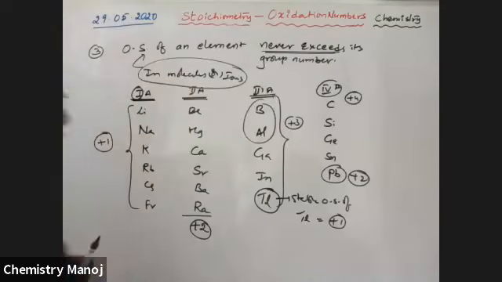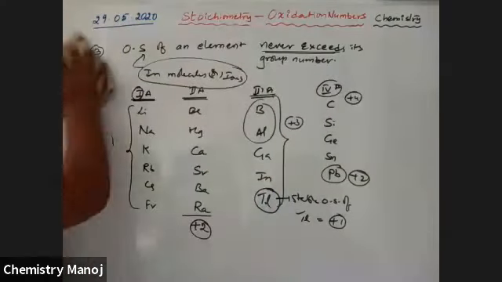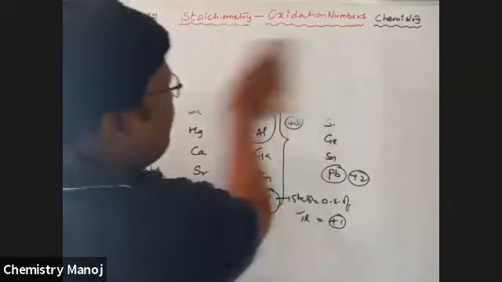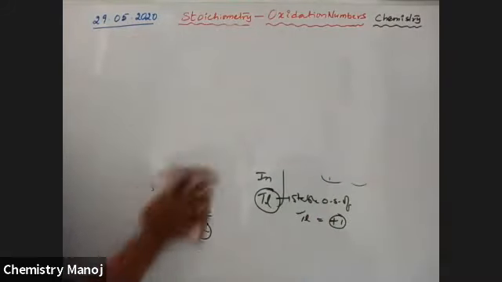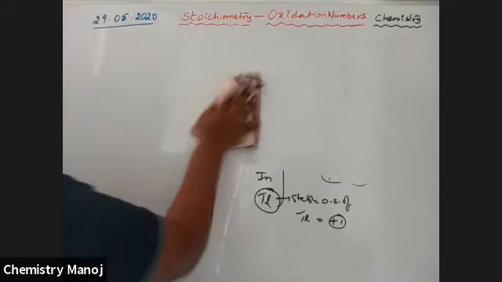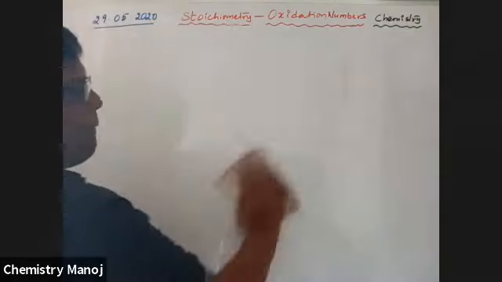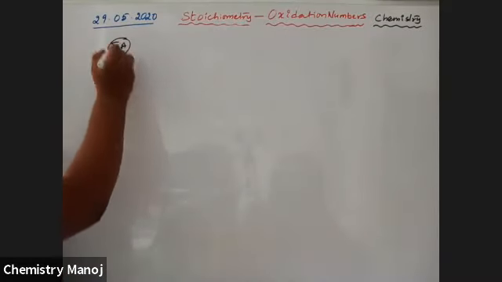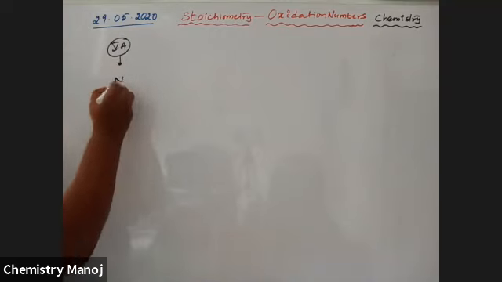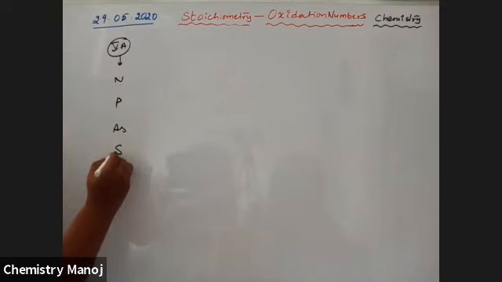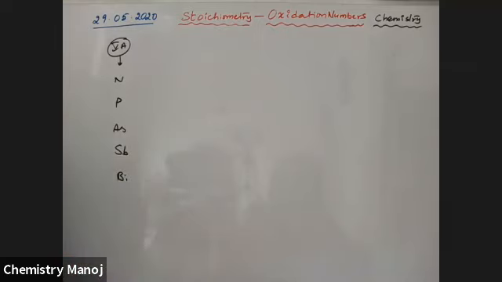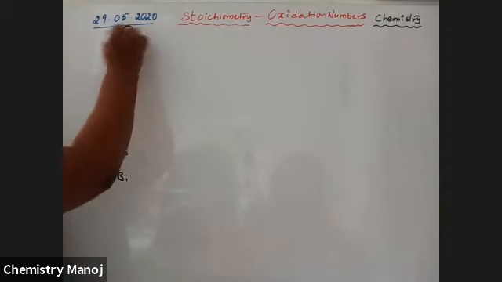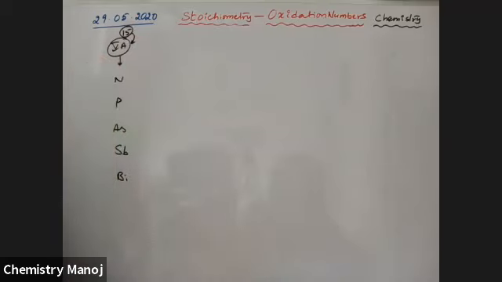Okay. Now for 5A group elements. What are these elements? Nitrogen, phosphorus, arsenic, antimony, bismuth. These are the 5 elements in the 15th vertical column of the periodic table, simply called in old days the 5A group elements.